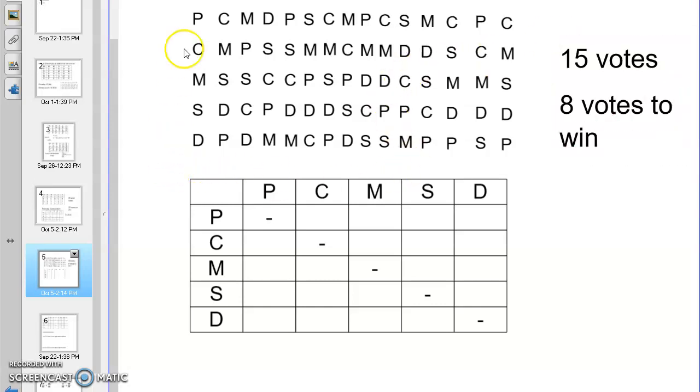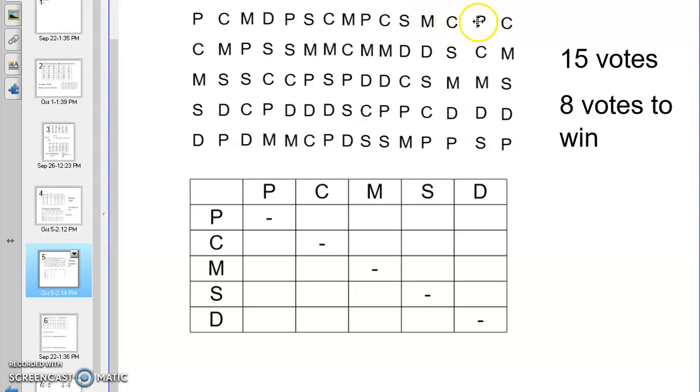So if I do P versus C, if you look at the first column, P beats C, so that's 1 vote. C wins here. P wins, that's 2. C wins. P wins, that's 3. P wins, that's 4. C. P wins, that's 5. C wins. C wins. C wins.